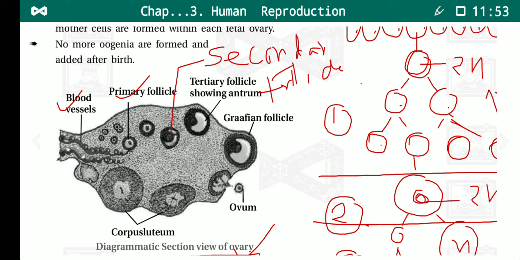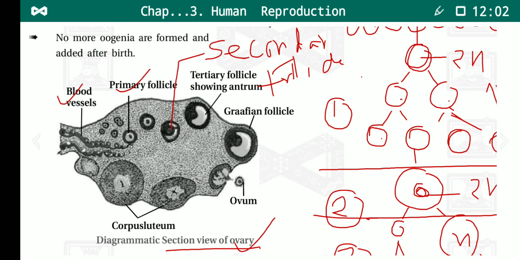Now another layer is formed, so there are two layers: outer theca and inner theca. A space is also produced, and this converts to a tertiary follicle.